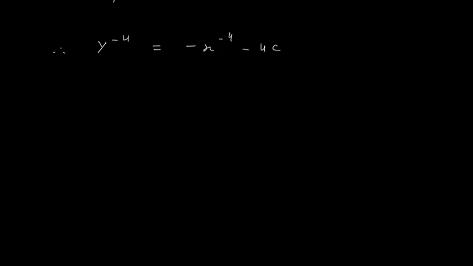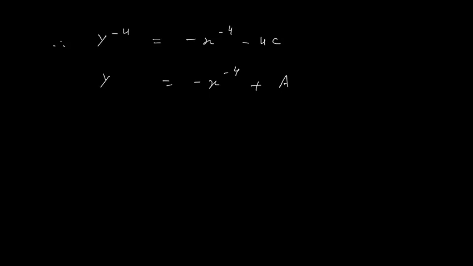So this minus 4c you can replace with some other constant a. This is y power minus 4 is equal to minus x power minus 4 plus a, where a is minus 4c. So this is a required general solution.